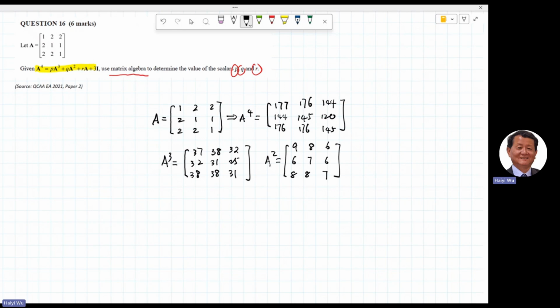So now we're going to put it all together. The left-hand side is 177, 176, 144, 144, 145. We establish that left equals right, so we can find the elements.